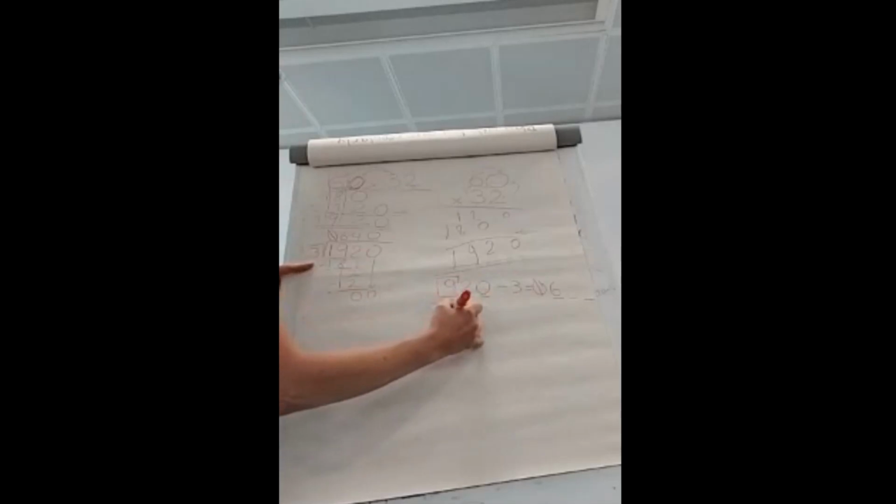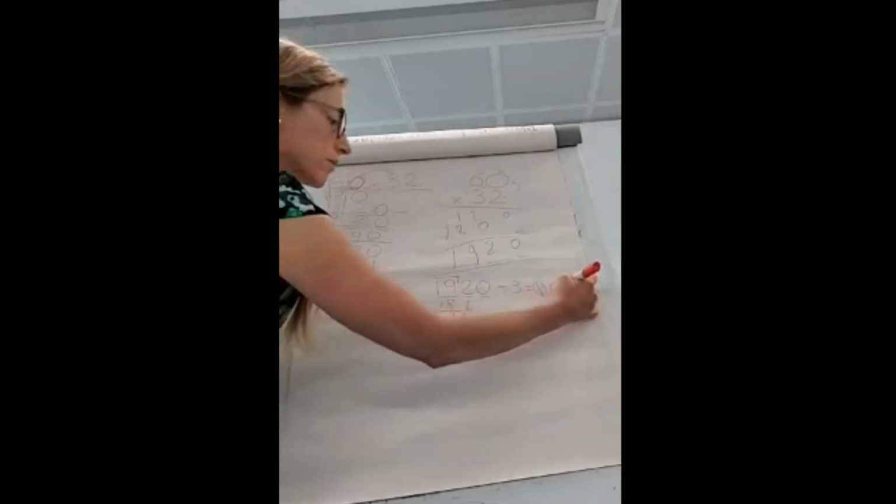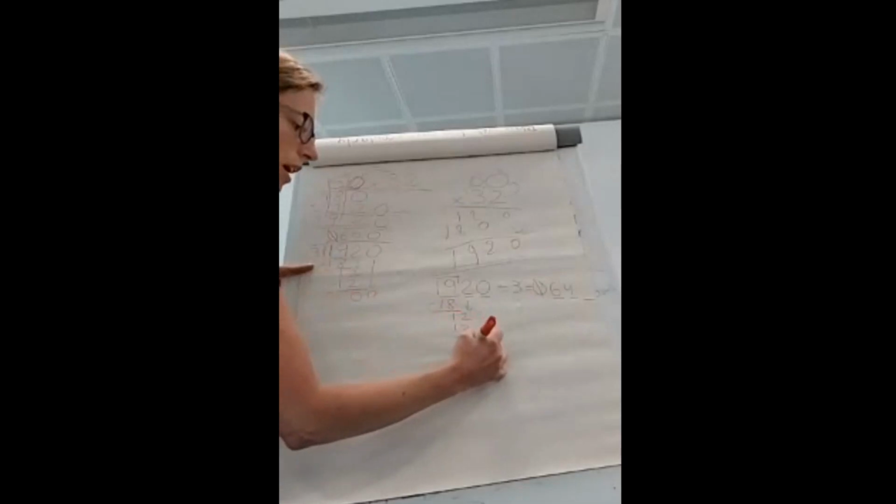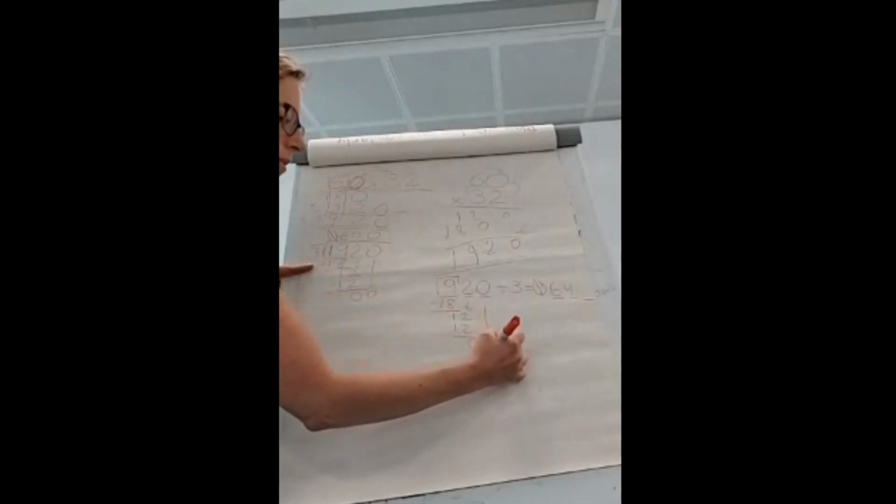Okay, so that is 1. Next number, the 2 falls down. 3 in 12 is 4 times. 4 times 3 is 12. And the 0 comes down, and 0. Do you have another method as well? Yeah, show us, please. It's the same as what we did.